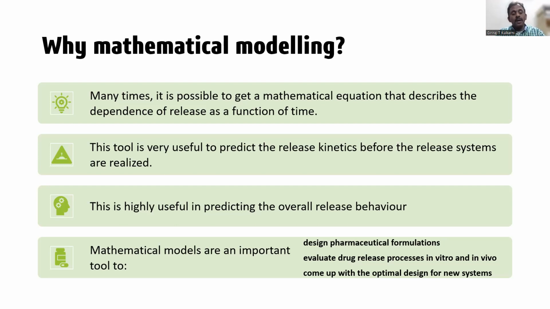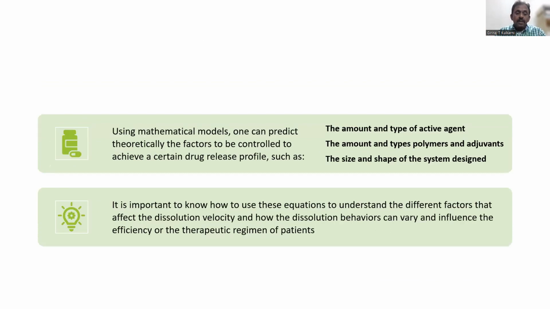And they are also important to come up with optimal design for new systems. Now, using mathematical models, we can predict theoretically all the factors that are controlling a specific release profile, or all the factors which are responsible for a release profile.